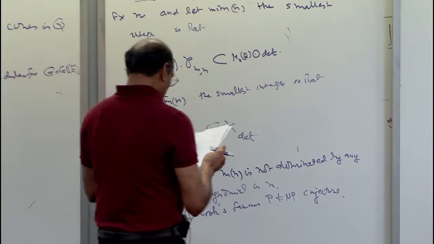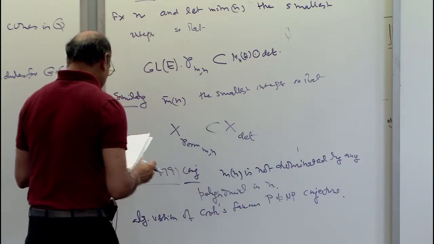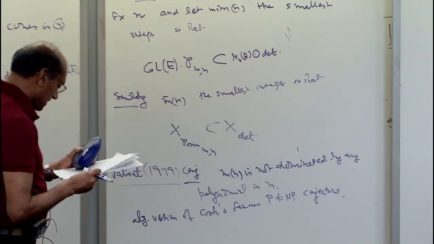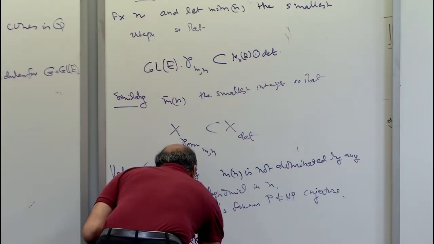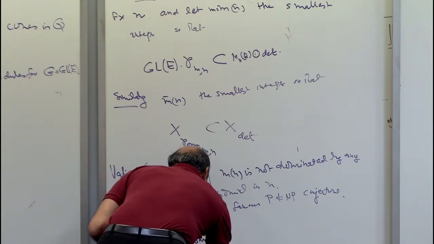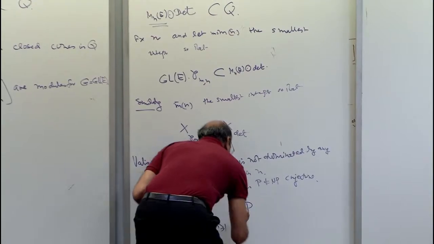Even though I do not understand it, since there are many computer scientists here, maybe I'll just say this as the statement that this perm does not belong to this class VP.